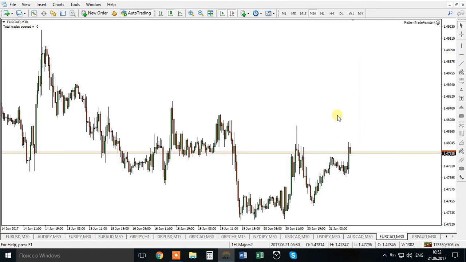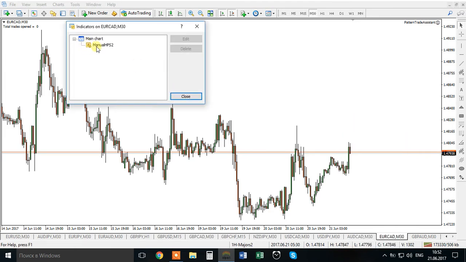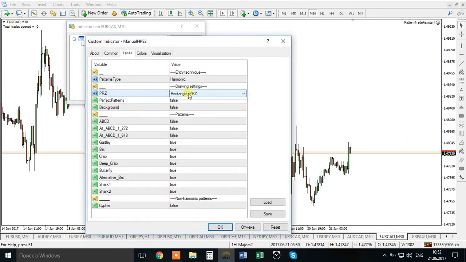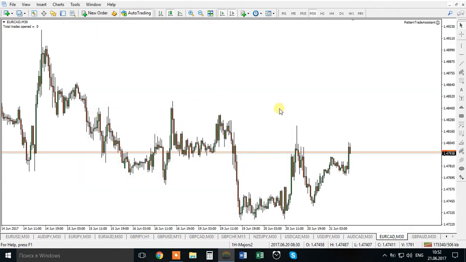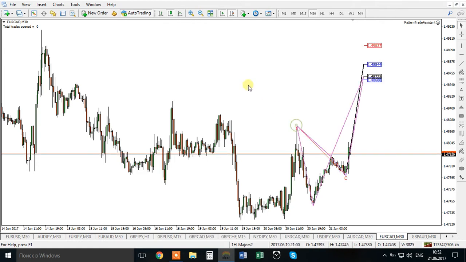Well, if you wish to get some numbers, let me switch my indicator to arrows. Price is PRZ. Okay, and we'll get the numbers, the three levels. Okay, here are the three levels. This is 224 AB equals CD.